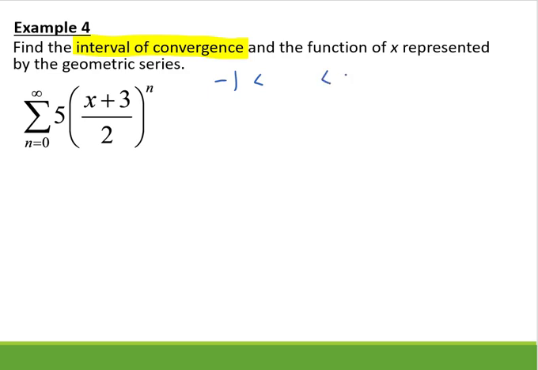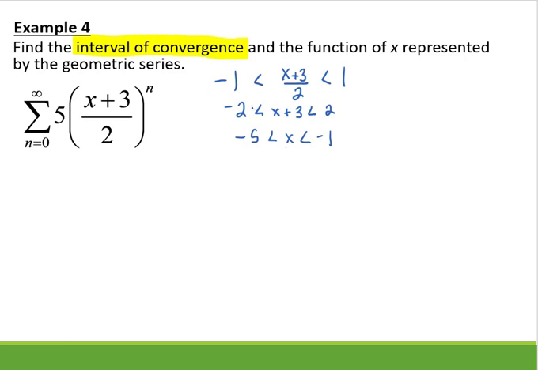If I multiply both sides by 2, and then I subtract 3... So for x's within this interval, so if I plugged in negative 2 there, yeah, wait, so if I multiply, yep, I did all that math right.